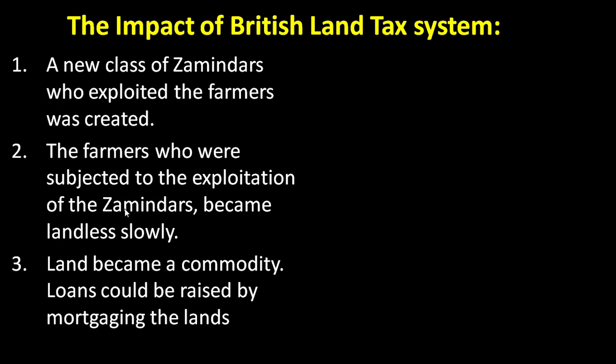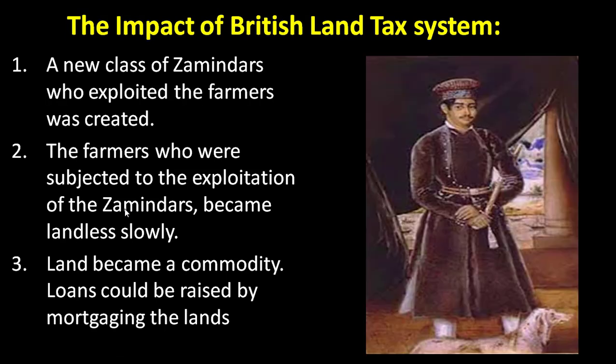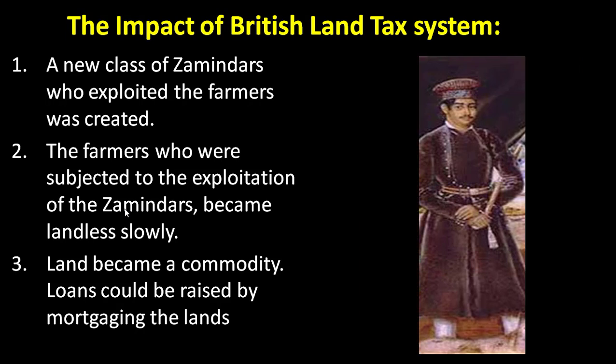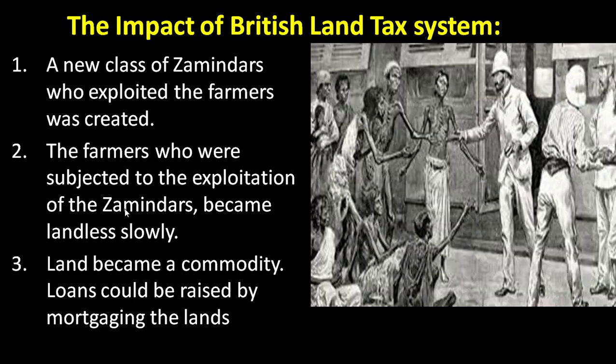One by one we are going to get the information. Number one, a new class of zamindars who exploited the farmers was created. The farmers who were subjected to the exploitation of zamindars slowly became landless.